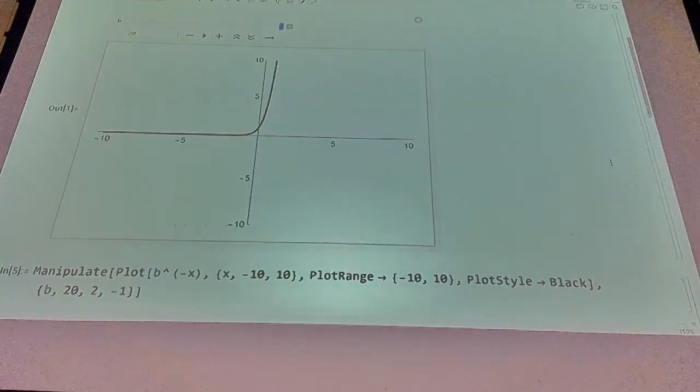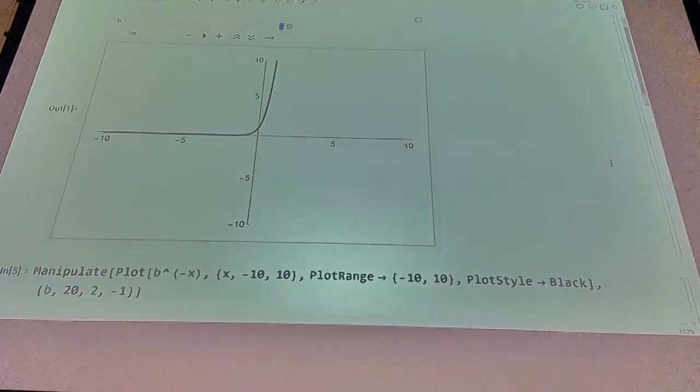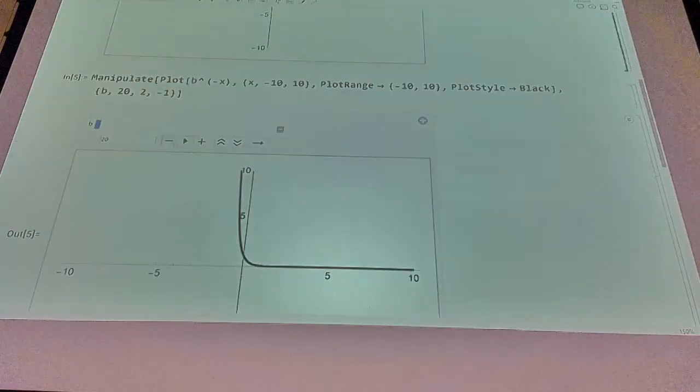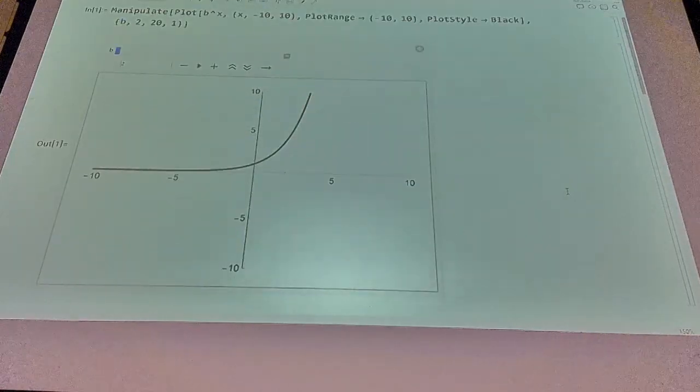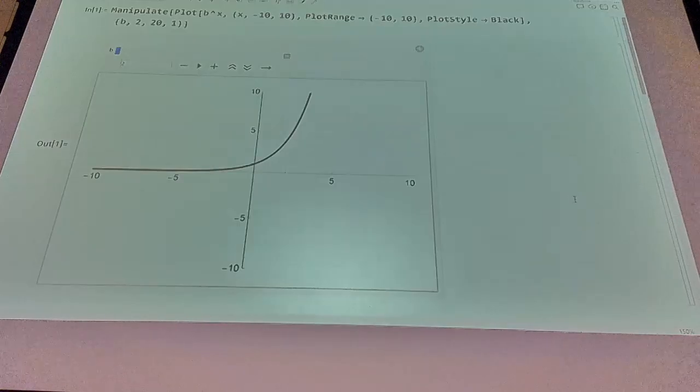What's the only difference between b being greater than 1, so let's just get that to 2, and less than 1, let's get that to 1/2? So what's the only difference between b being greater than 1 and less than 1? How are they related?